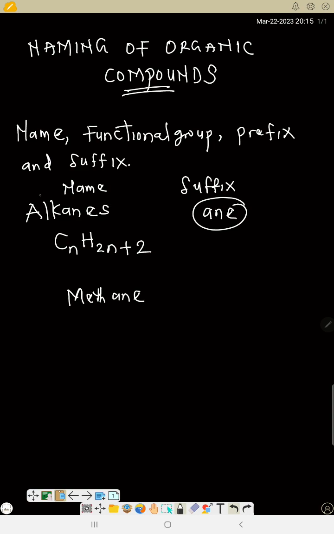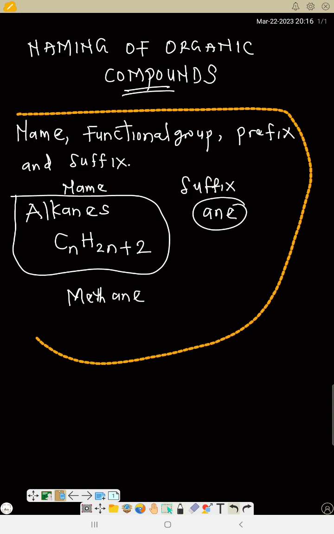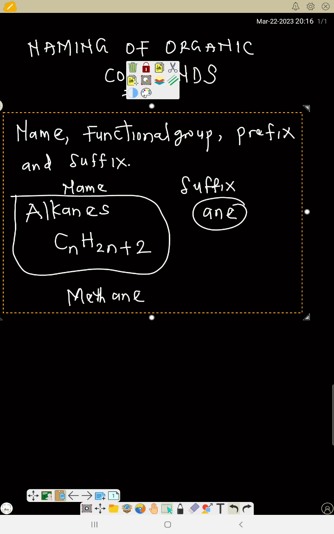So for alkanes, please take note: the general formula for alkanes is CnH2n plus 2. Now let's form the first 10 members of alkane, so you can have an idea.